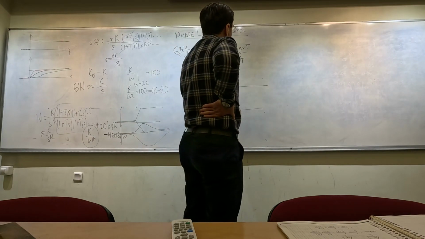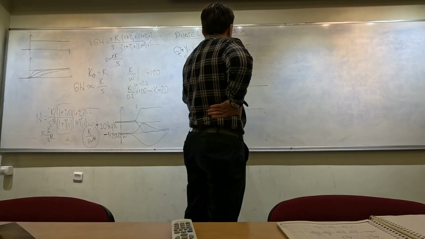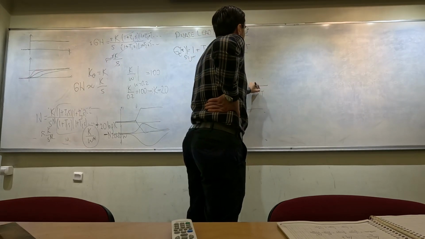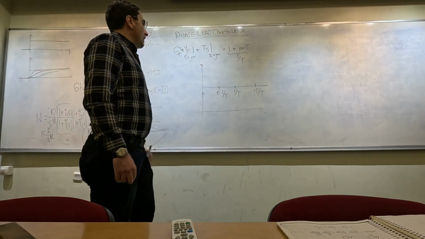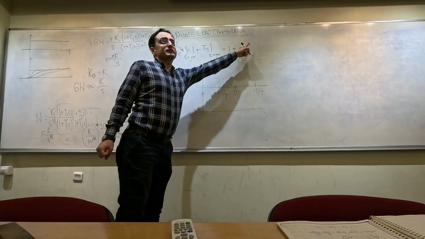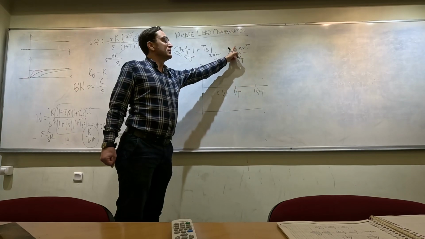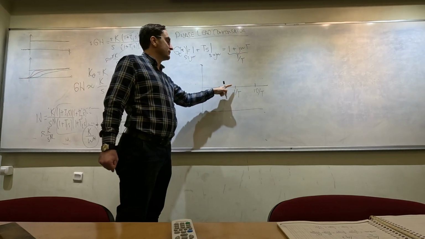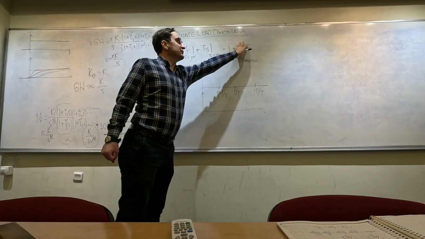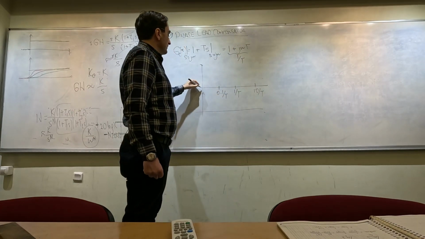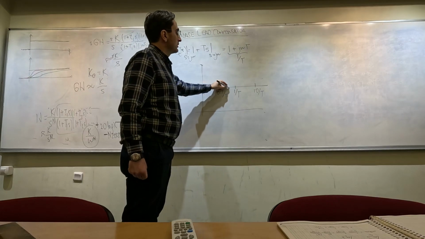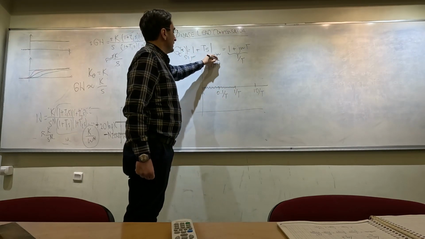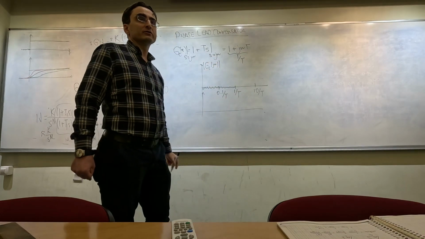This is my corner frequency 1 over T, this is 0.1 over T, and this is 10 over T. Okay? For small frequencies, until the corner frequency, this term is negligible, so we have 0 dB.